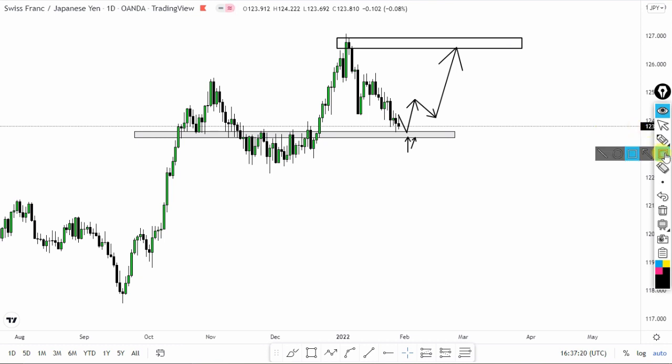And this resistance zone will be our target.